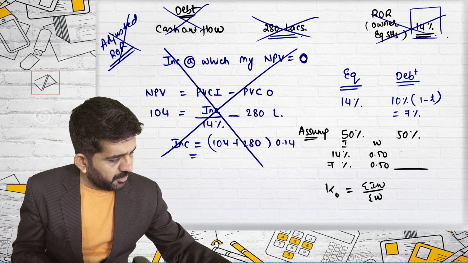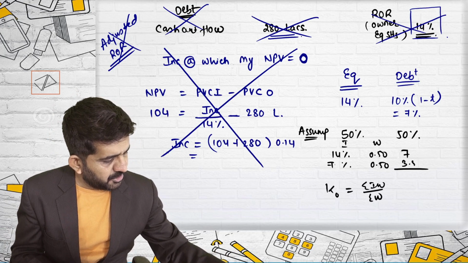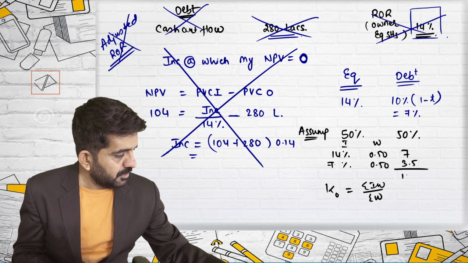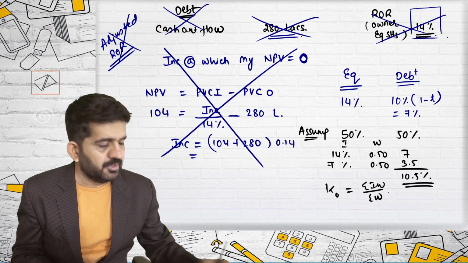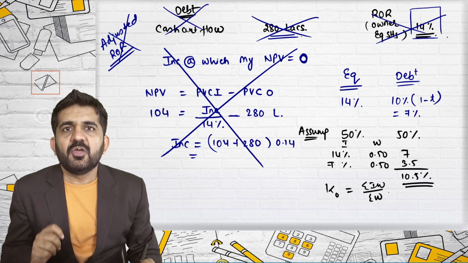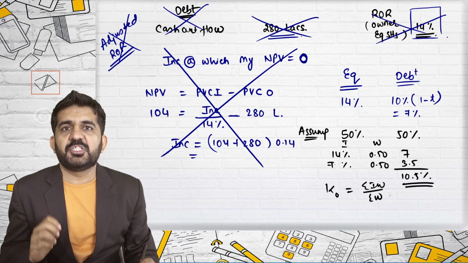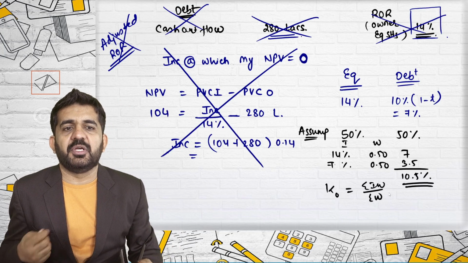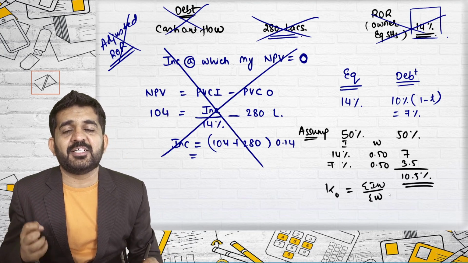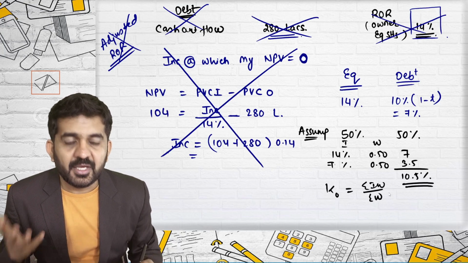So it is 14, this is 7, this is 3.5. This 10.5% will be my required rate of return for the next project, which is financed 50% by equity and 50% by debt, assuming that the next project has the same risk category.